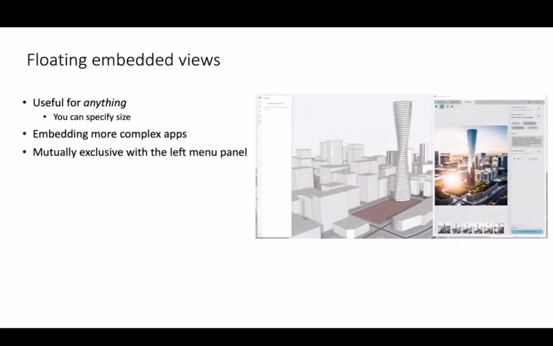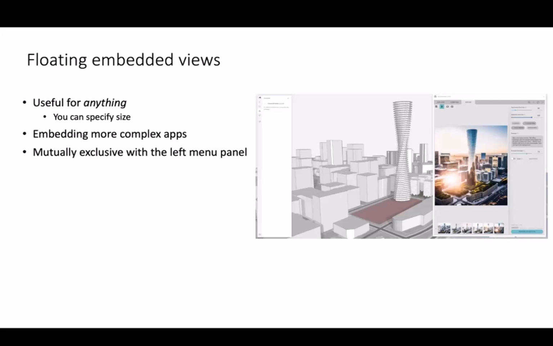For the floating embedded views, I would say they're useful for anything. This is where we're much less opinionated about what you should put in there, and you need more real estate. Unfortunately, right now, because of the UI, this is mutually exclusive with the left menu panel.